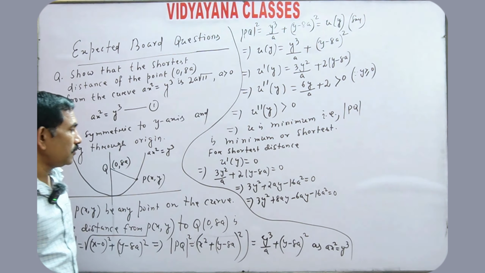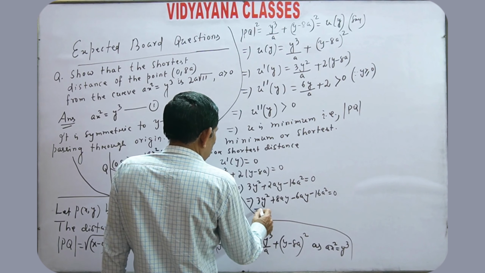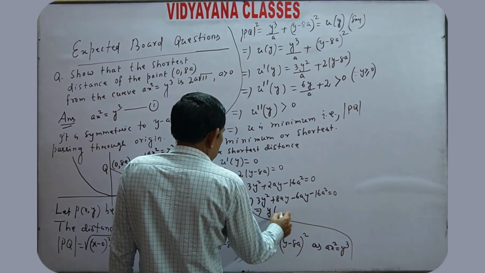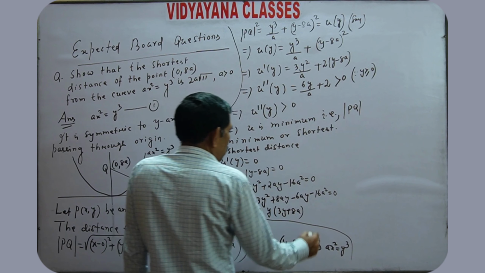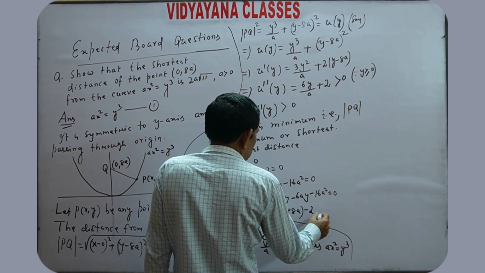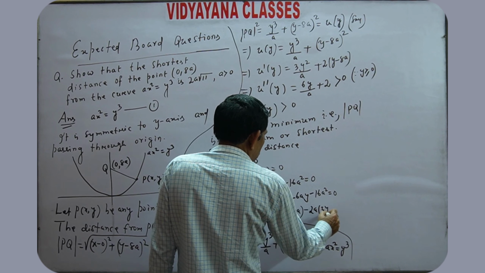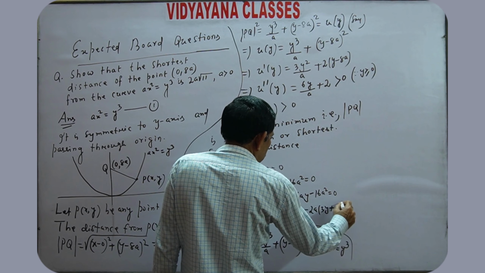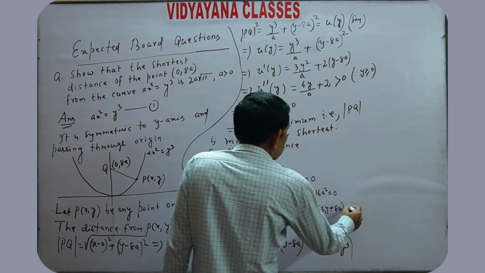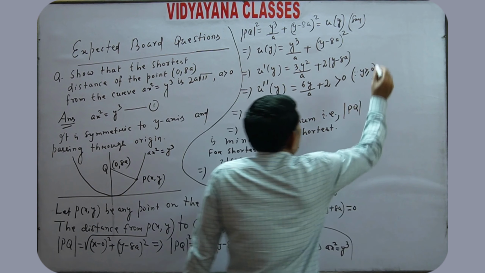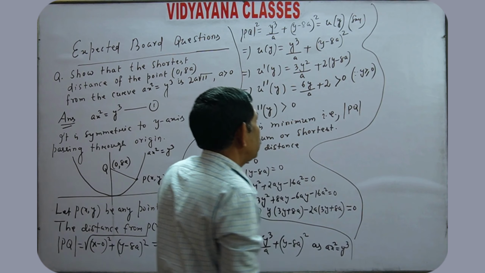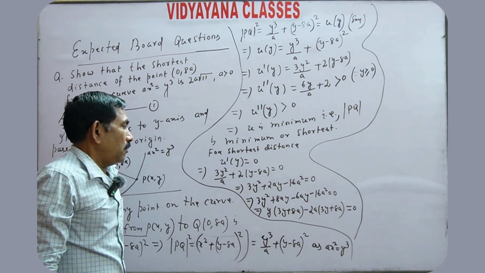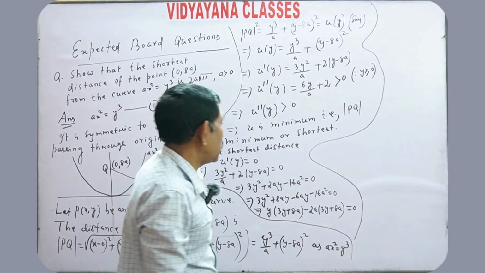Taking y common and 2a common, (3y + 8a) is equal to 0. Clear? Okay.